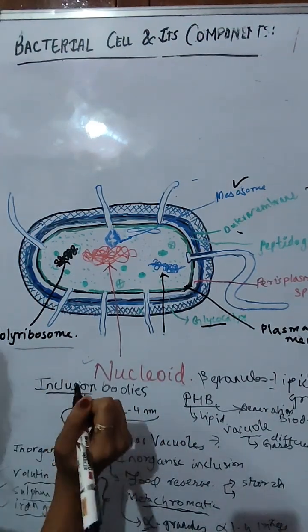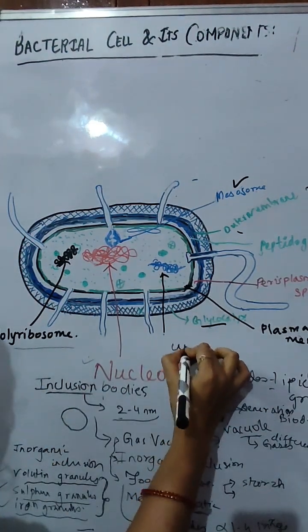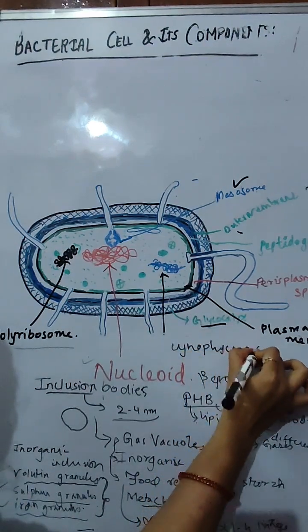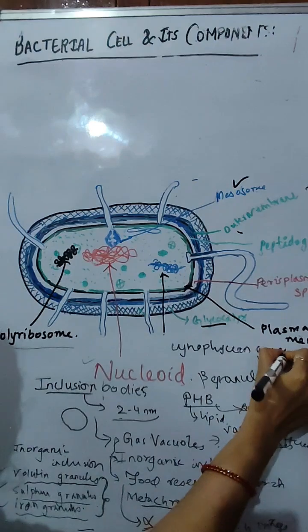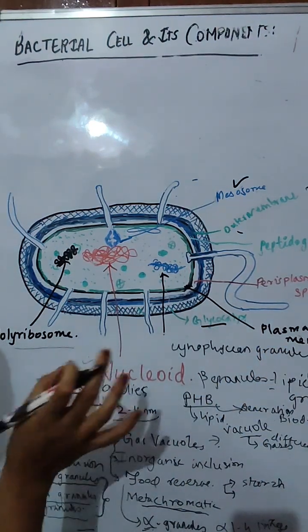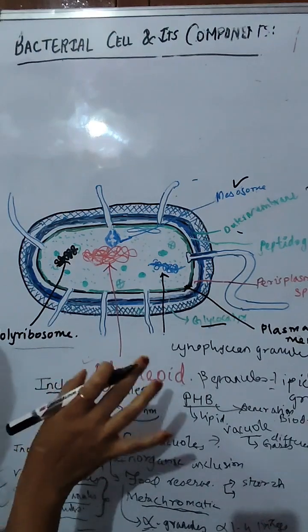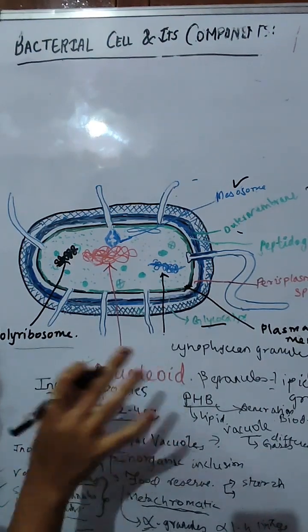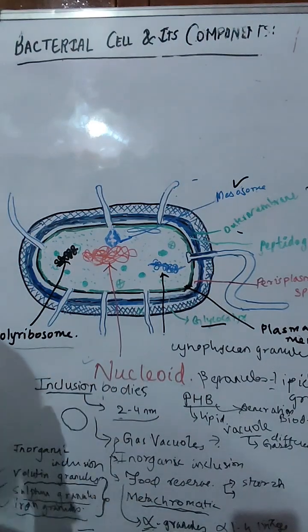Cyanophycin granules are those granules generally found in cyanobacteria, and this is a starch-containing granule. It is a common food reserve found in photosynthetic bacteria.